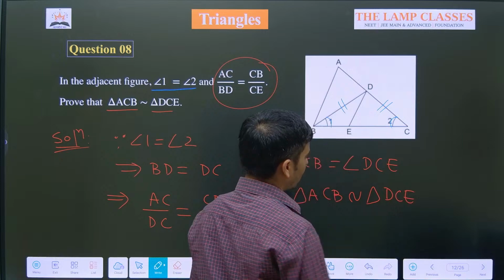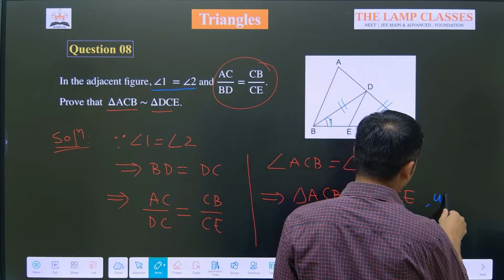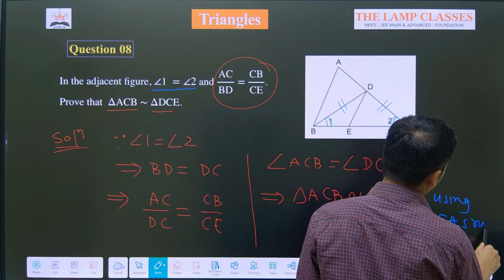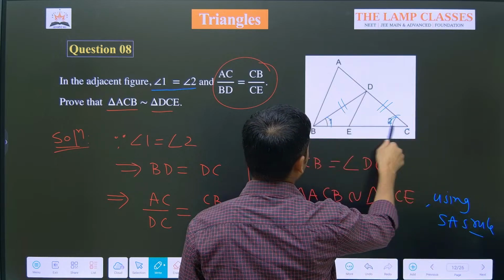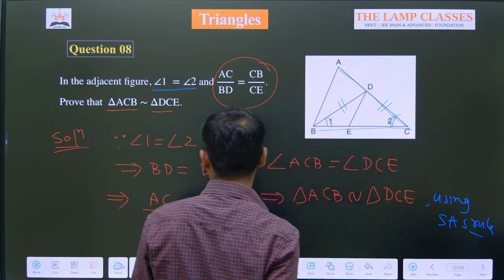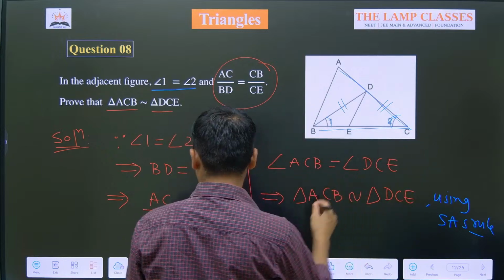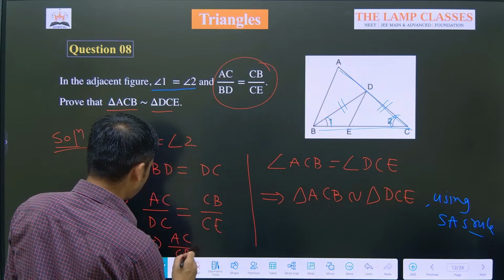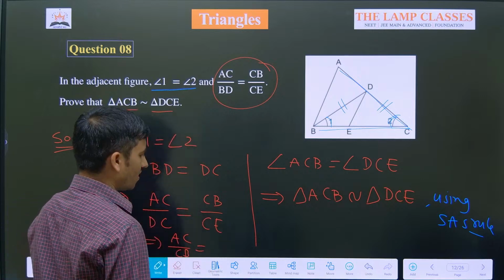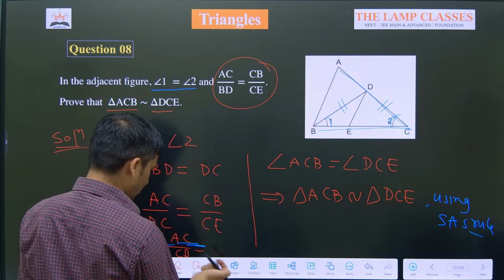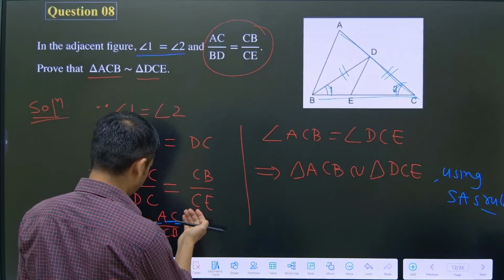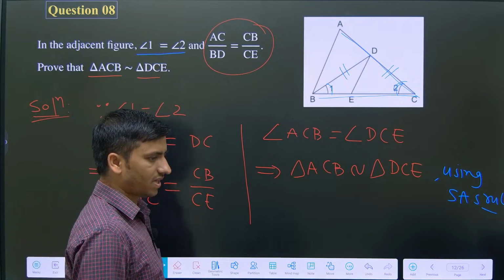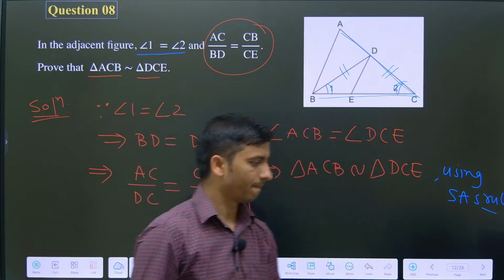Can we? Using the SAS rule. This is the angle, and this side upon this side is equal to, if you wanted, you could have written AC upon CB is equal to, otherwise write only the ratio of sides of these two triangles. Can we say it? That's right, no?